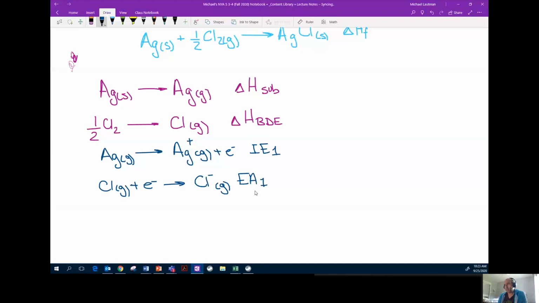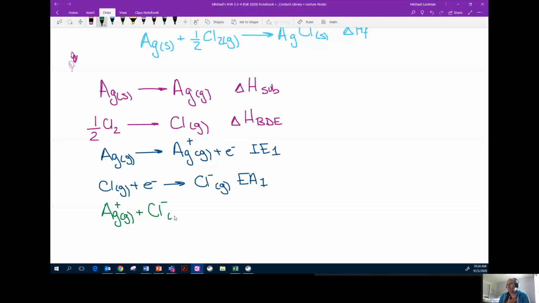It's helpful for me. So now I've got my gas phase ions, and the last step is to condense those ions into the solid state. So Ag plus gas plus Cl minus gas goes to AgCl solid. And that is the lattice energy, which I usually call delta H lattice. So these are the steps.